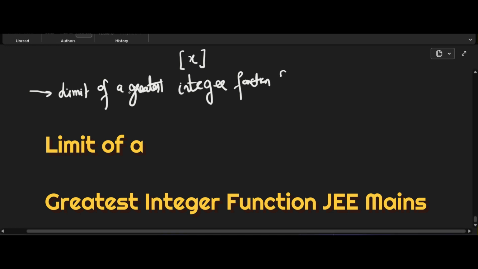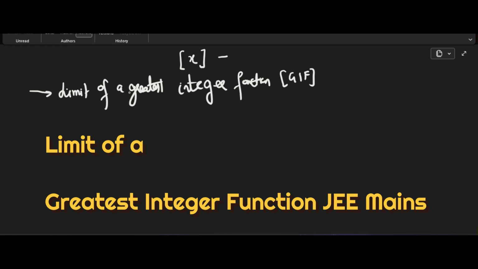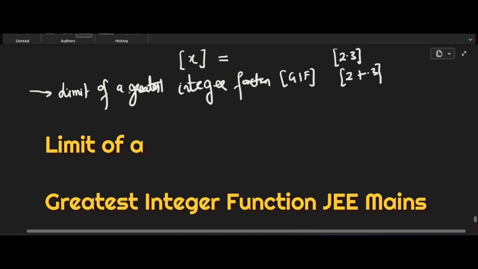But before that, we will briefly understand. A greatest integer function is equal to the greatest integer to the left of x. So for example, if you take x to be 2.3, I say the greatest integer function of 2.3. It has two parts: one is 2 plus 0.3, right?